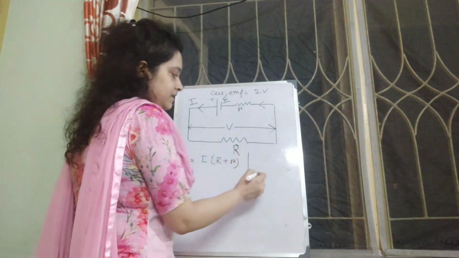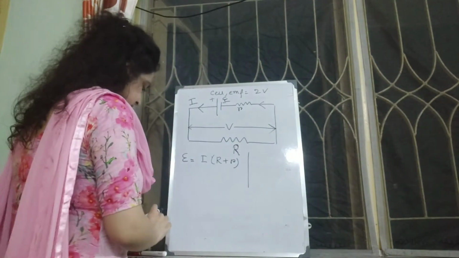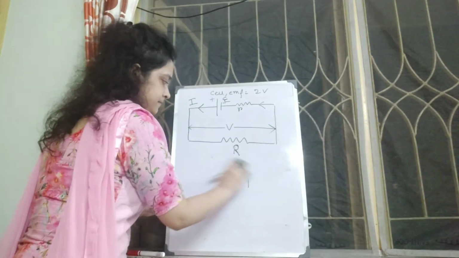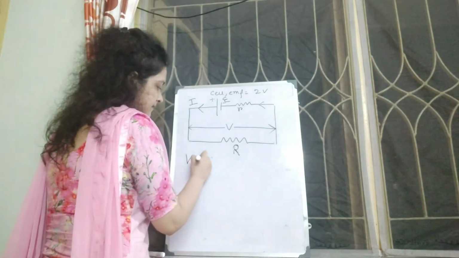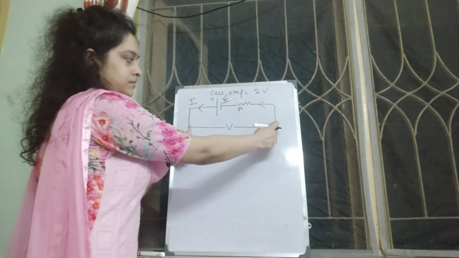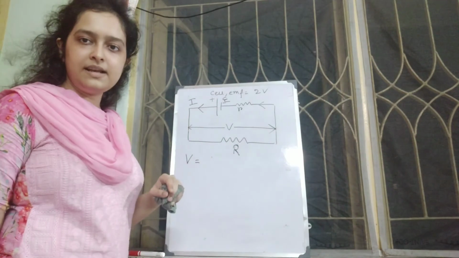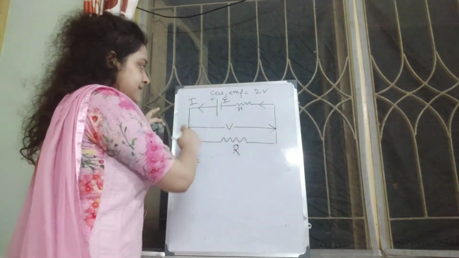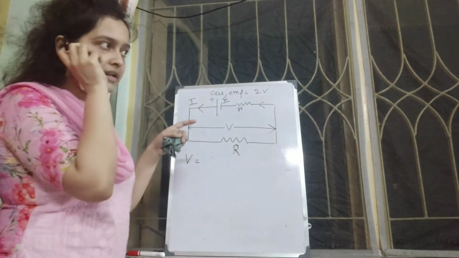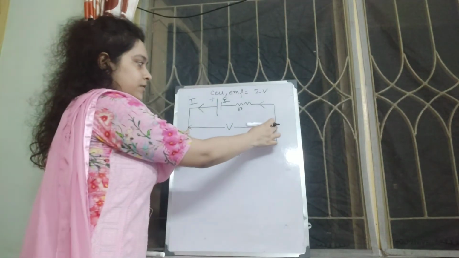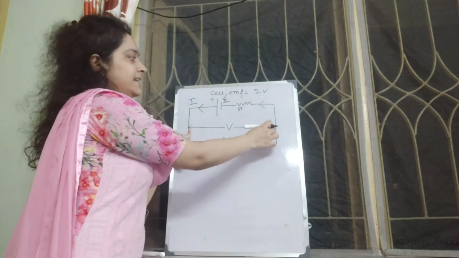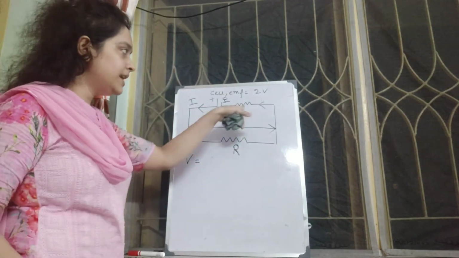Forget about this first. What will be the voltage across the two terminals of the cell? Once you start drawing current from the cell, will this be equal to EMF or less? Less, due to internal resistance.